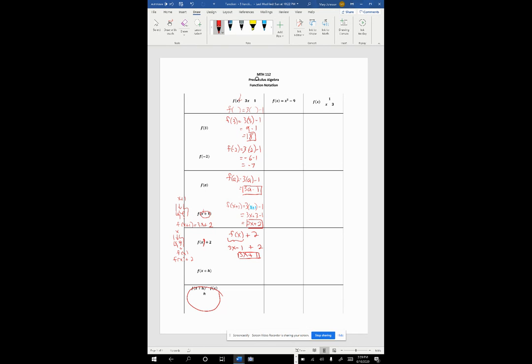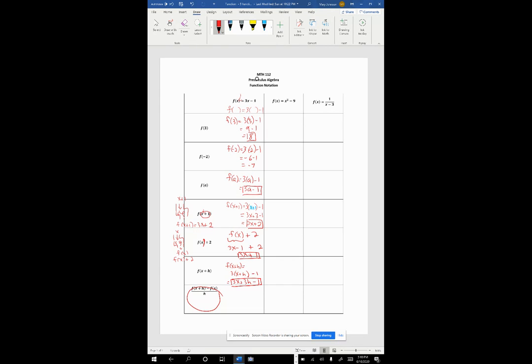When I do f of x plus h, I'm going to do 3 times my input and then take away 1. When I distribute, I don't get any like terms that I can combine. This would be my final answer.